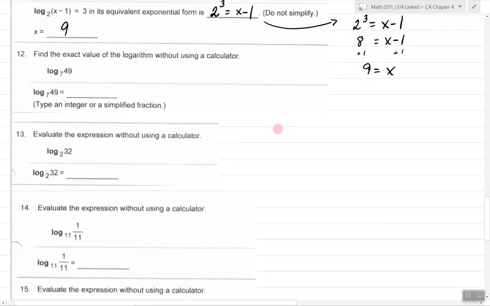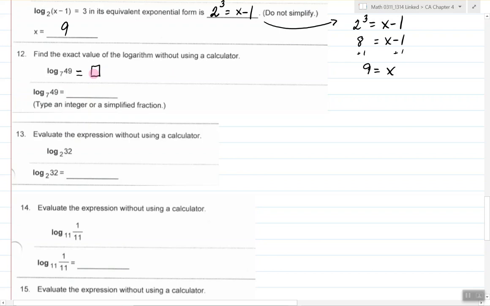Number 12. Find the exact value without using a calculator. Well, I'm glad they told me without a calculator because I don't have log base 7 on a calculator. I have log with no base, which means base 10, and I have ln, which means base e. So what I'm going to do here is say this is equal to something.